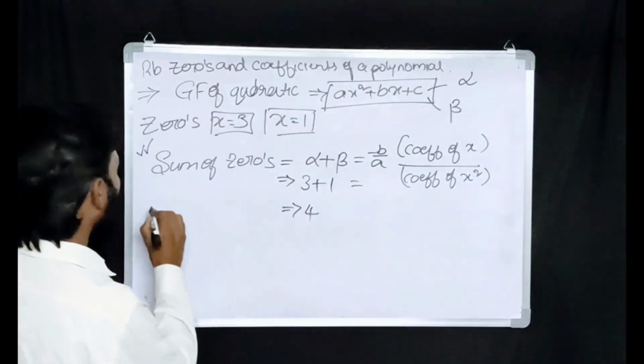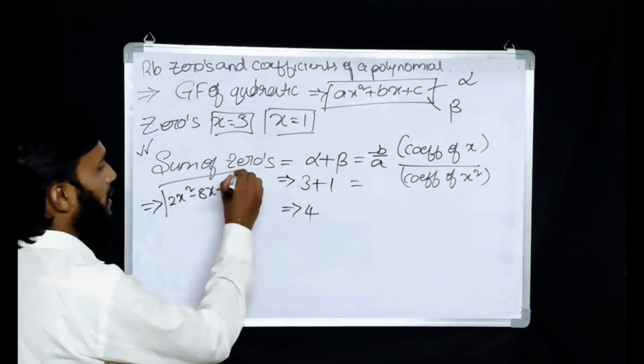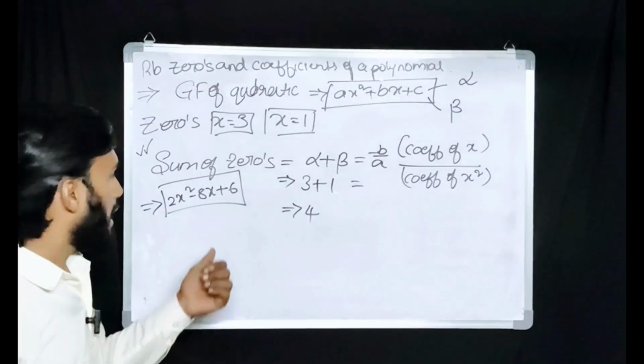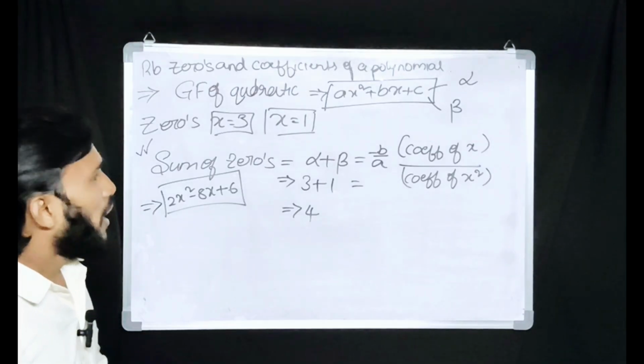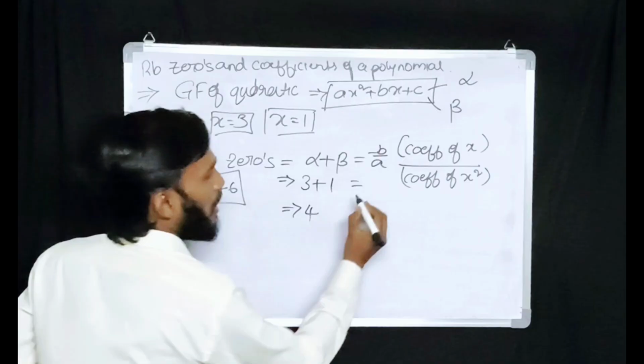In the last example, the quadratic polynomial was 2x² - 8x + 6. What is the coefficient of x here? Minus 8.